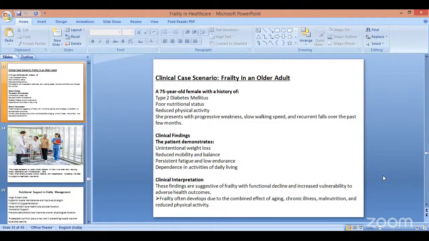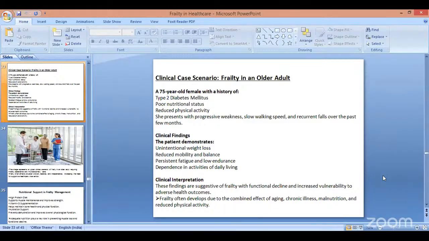Now a clinical case scenario: frailty in the older adult. A 75-year-old female with a history of type 2 diabetes mellitus, poor nutritional status, and reduced physical activity. She presented with progressive weakness, slow walking speed, and recurrent falls over the past few months. What clinical findings does the patient demonstrate?